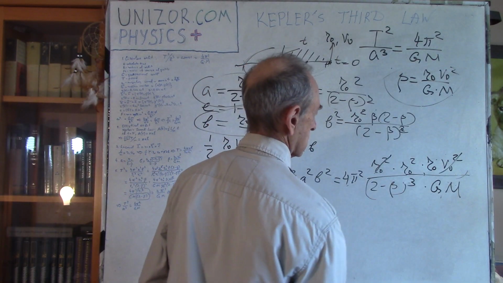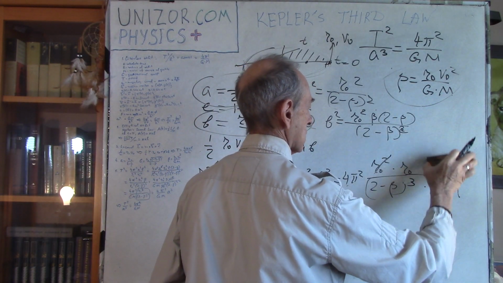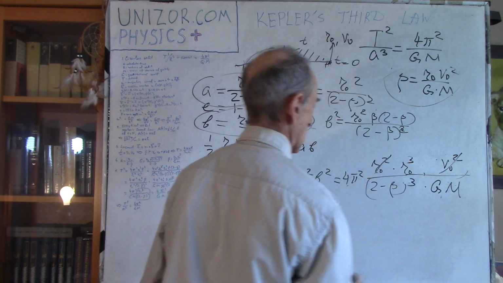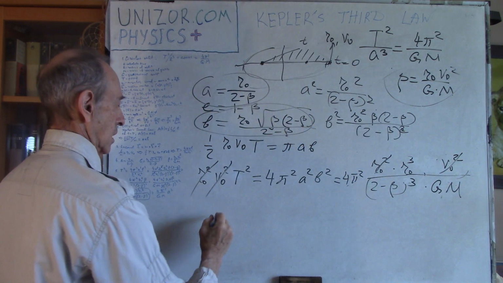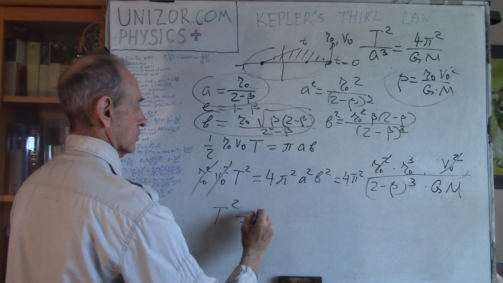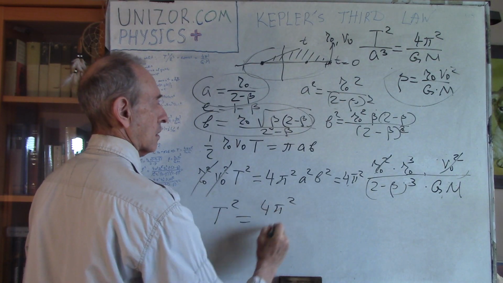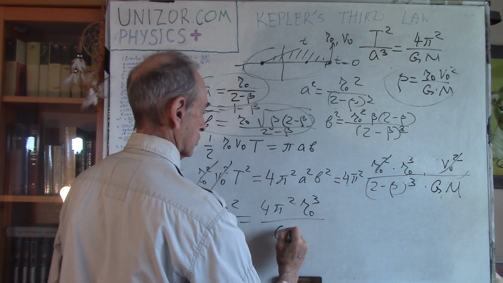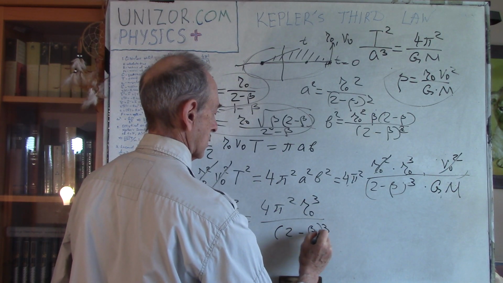Now this is R squared times R, so I will put it as R cube. And what do I have? T square is equal to 4 pi square R0 cube divided by 2 minus beta cube.